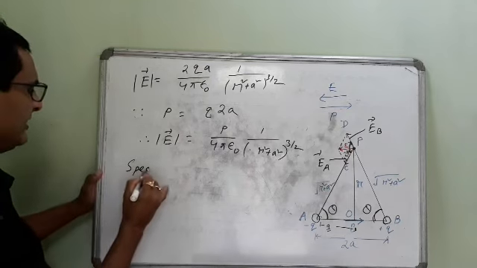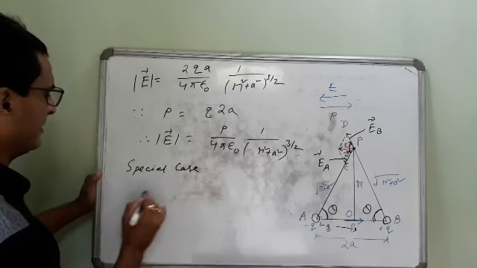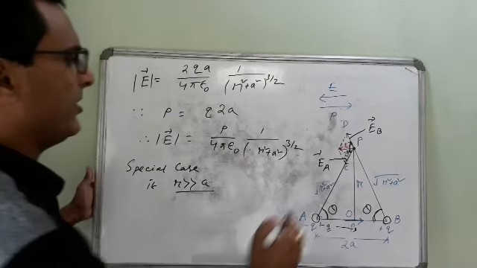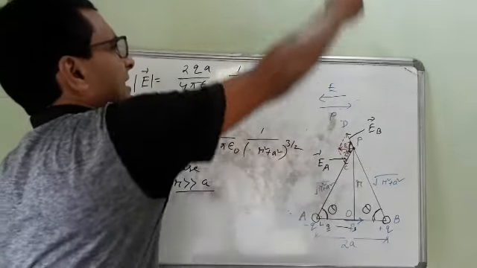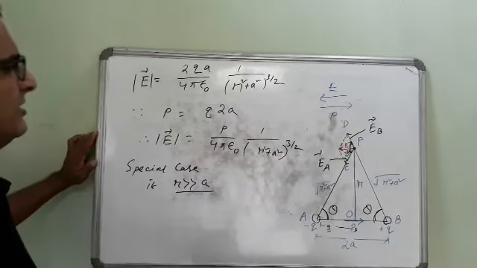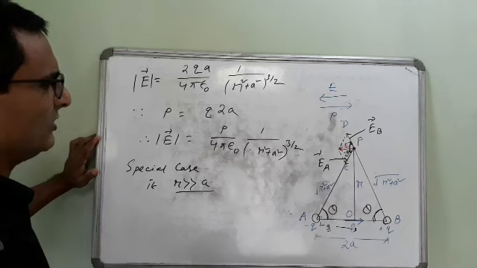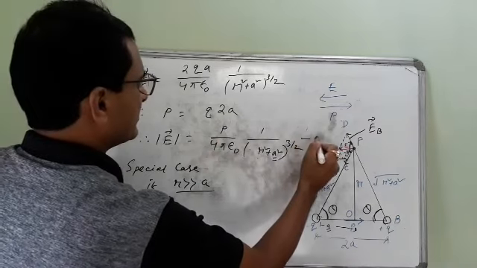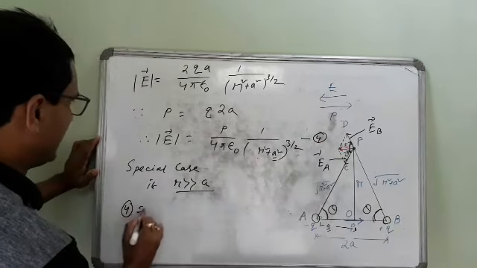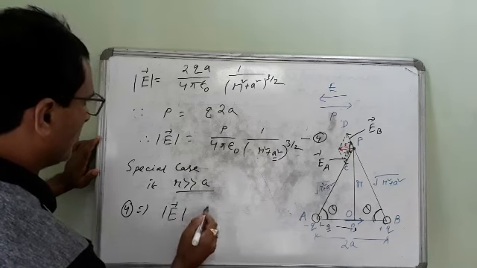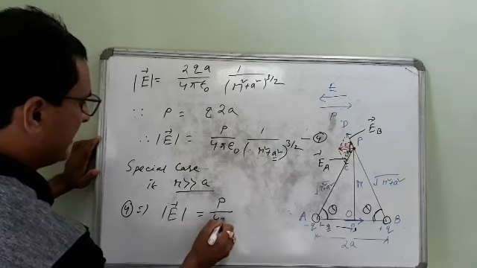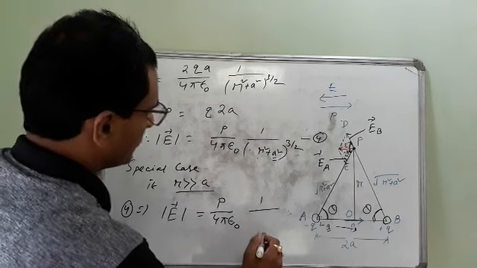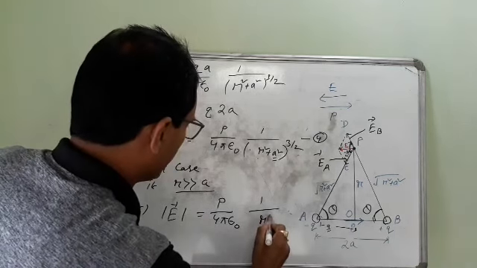Now one special case. If R is much greater than A, it means the point of observation is at a very large distance, so that we can neglect A square in comparison with R. So from equation 4, the magnitude of E vector is equal to P by 4 pi epsilon naught, 1 by R cube.